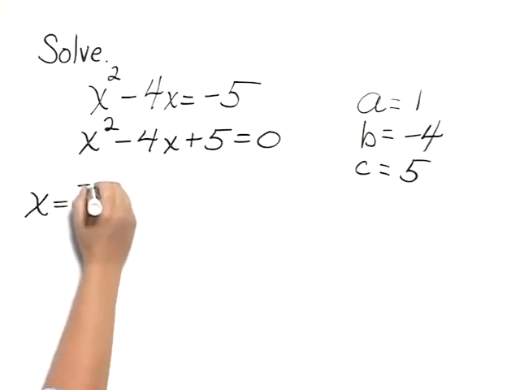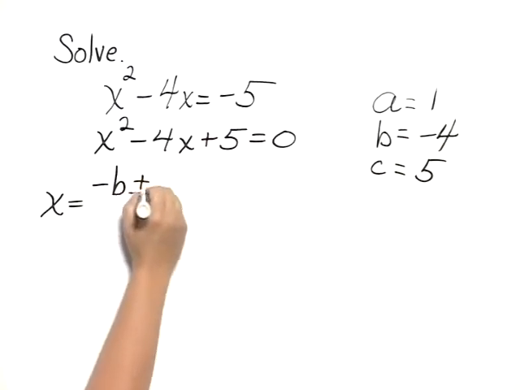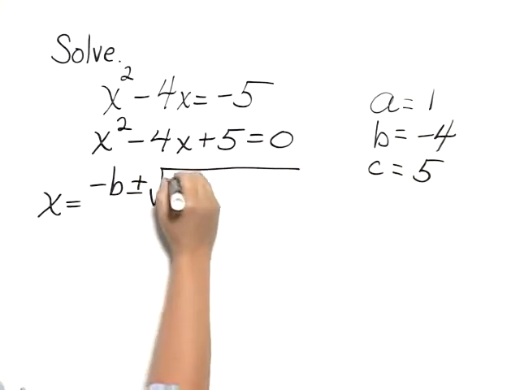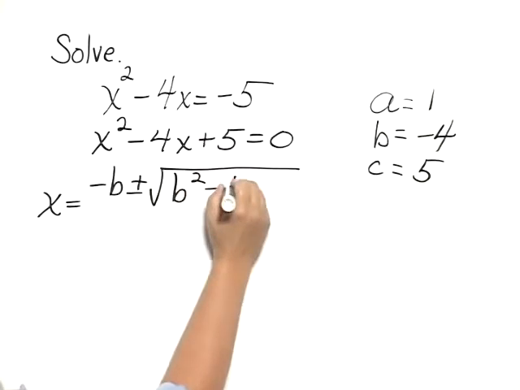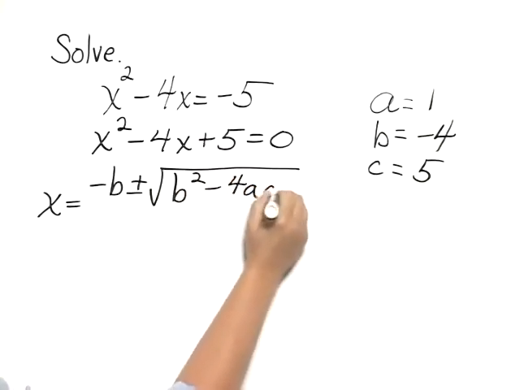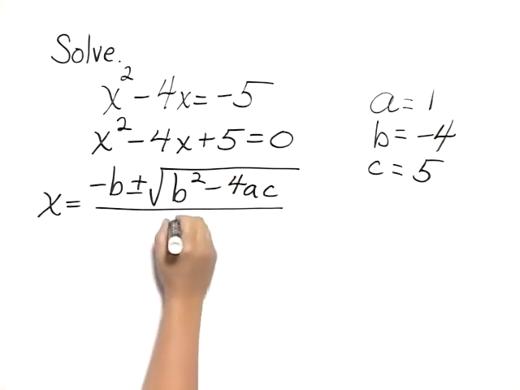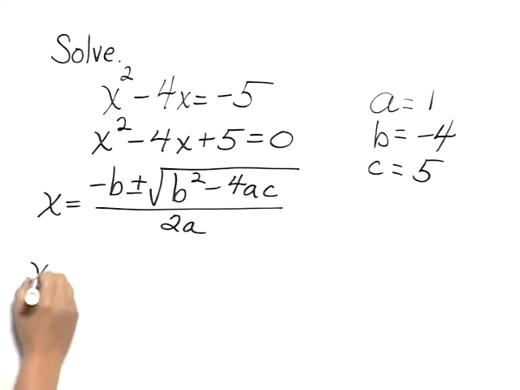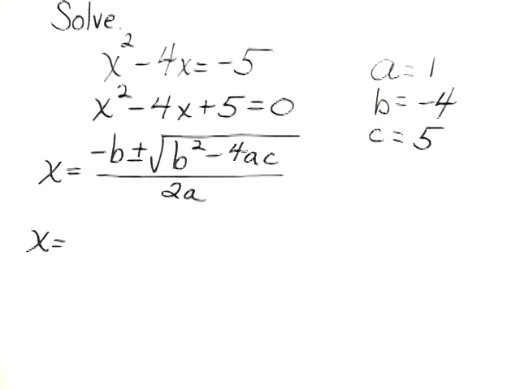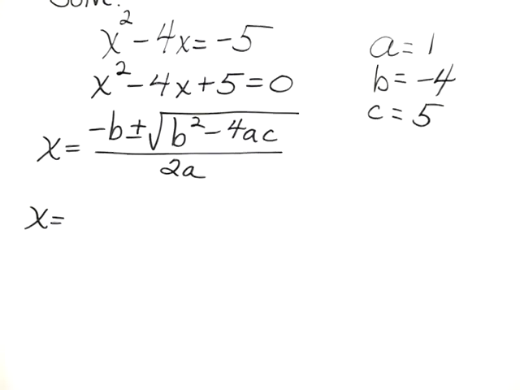X equals the opposite of b plus or minus the square root of b squared minus 4 times a times c all over 2 times a. And when we substitute, we'll substitute carefully, making sure that we keep our negative signs and everything correct.